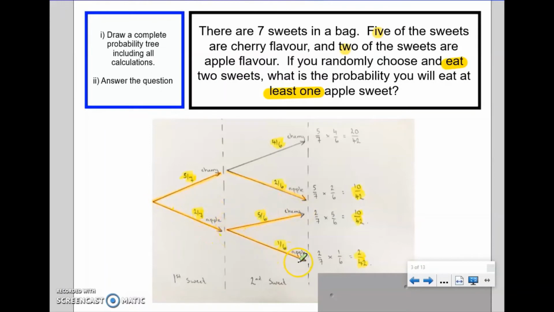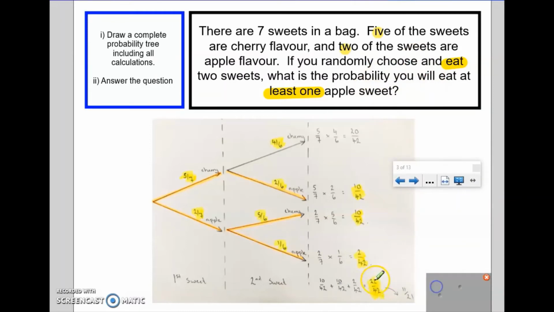So all three of these probabilities are important. They are all going to get added together to give me the answer to this probability question. So I'm going to take those three probabilities, add them all together to get 22 out of 42, which would take me down to 11 out of 21.